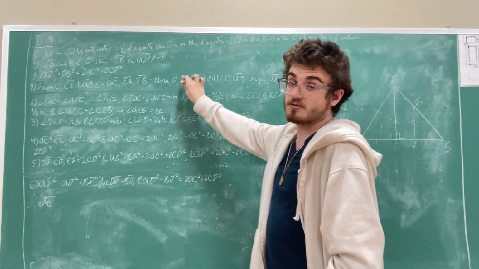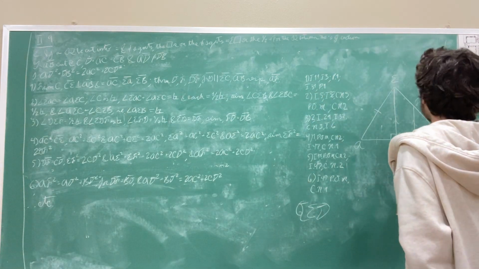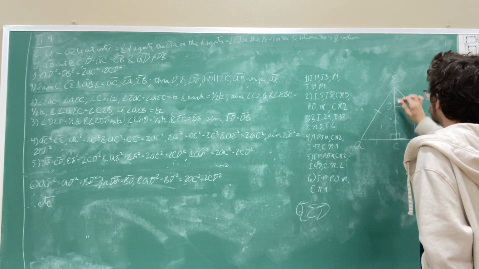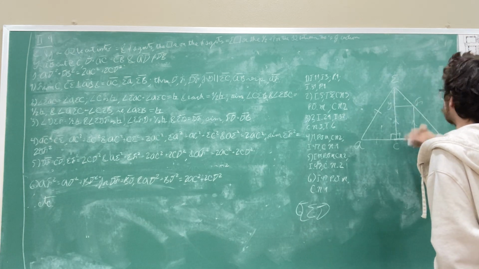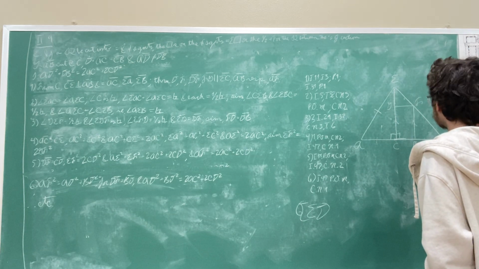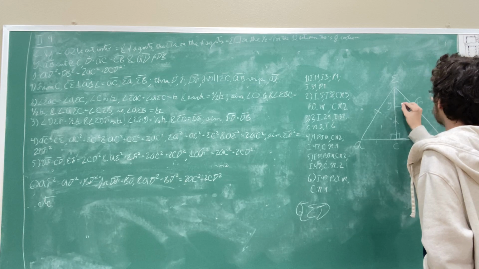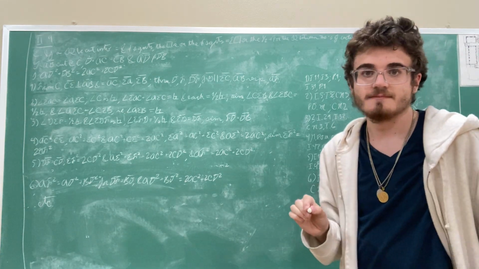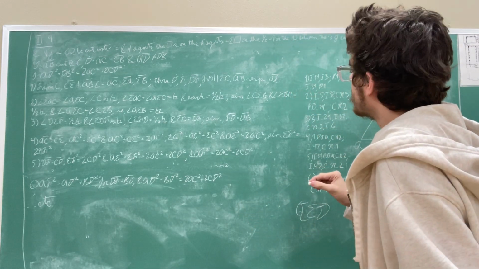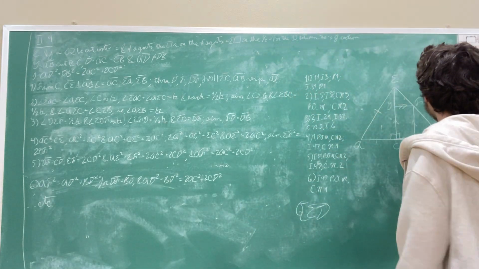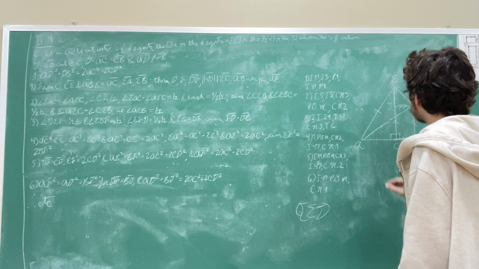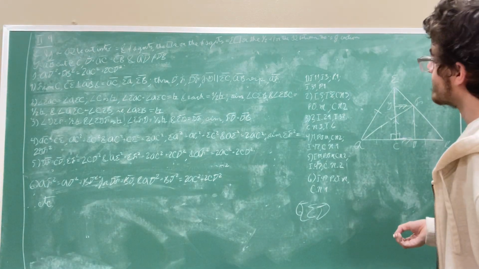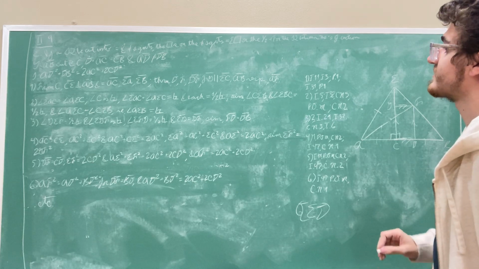Then through point F, we're going to make FG, where G is the point at which EC and the straight line through F intersect. We're also going to make FG parallel to AB. The final step, we simply connect the dots. We make the straight line AF. This is again postulate 1. And we're done with our construction.